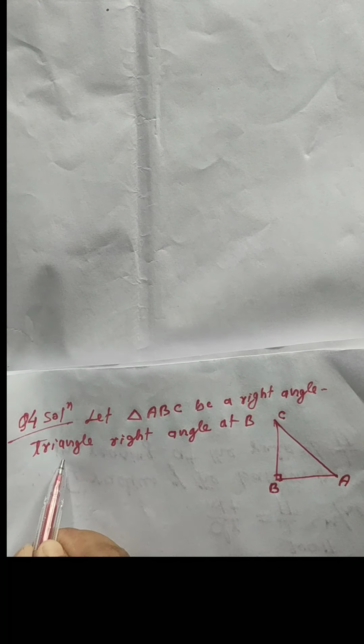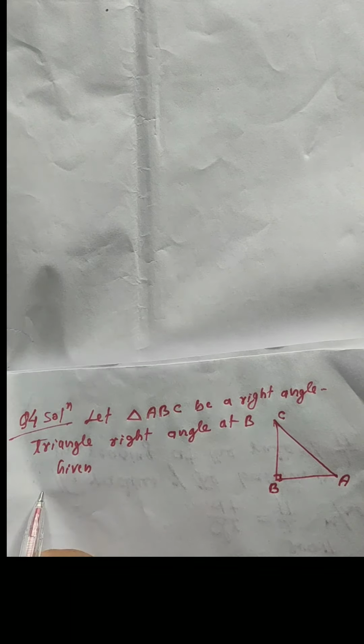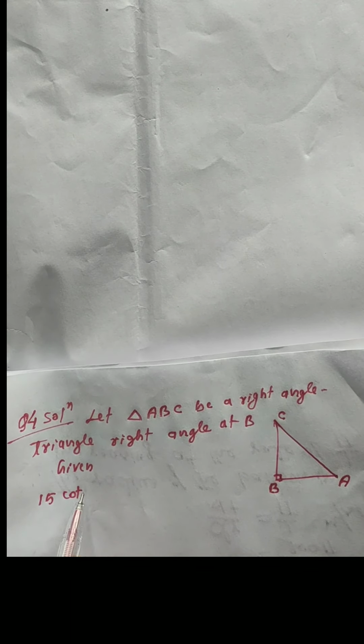Suppose this is A and this is C. So what is already given in the question? It is 15 cot A equals 8. It is given. Now what can we write?